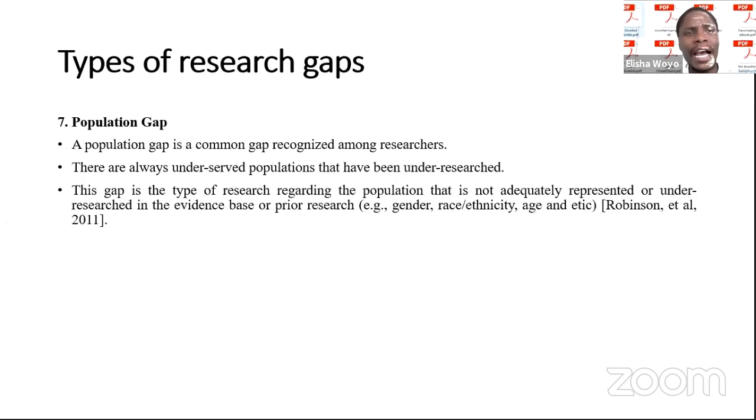If females are underrepresented in existing research, then your research gap in terms of population should focus on females. I am seeing quite a number of research studies these days that are gendered around females, using gender as a moderating or mediating variable in terms of, let's say, ICT adoption or any other issue you might want to study.